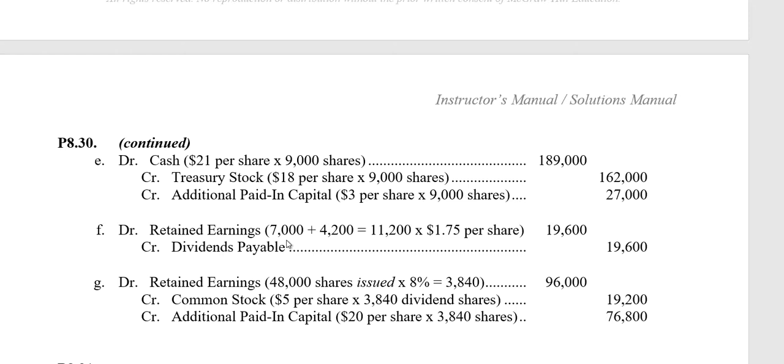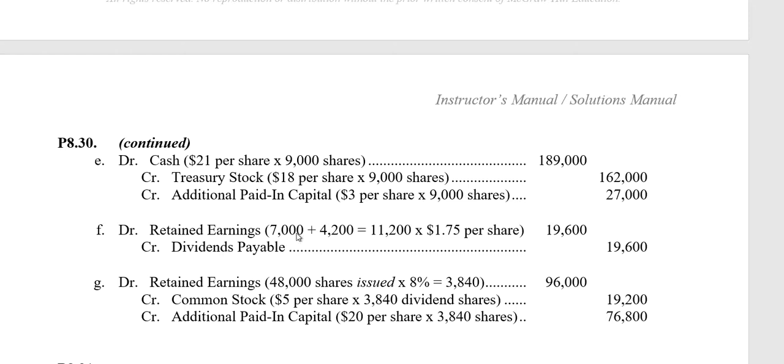If we say that the stockholders on a particular date are going to get $1.75 per share, then we are going to record that as a payable. The board of directors is doing that, and it automatically decreases our retained earnings. So take close attention to that.